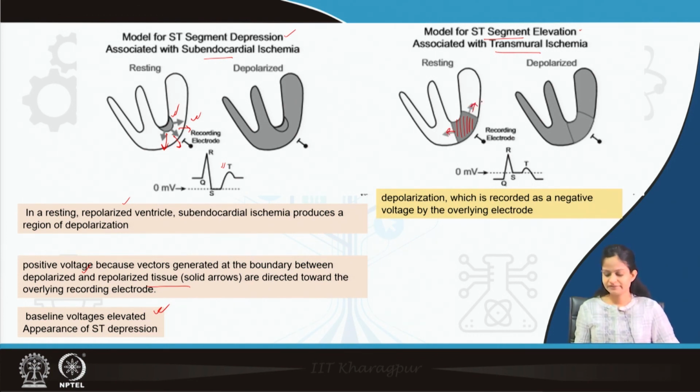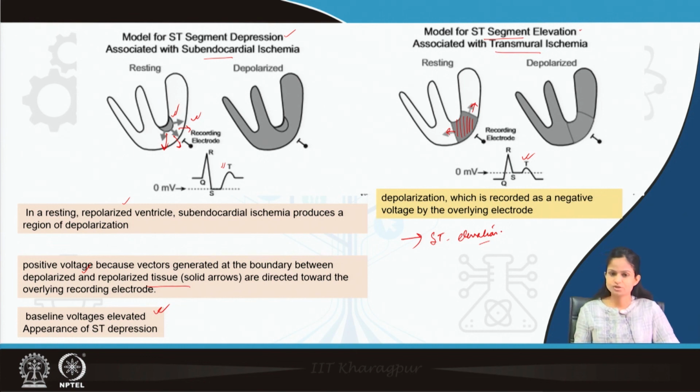When it is away from the recording electrode, it will deflect a negative voltage, and since it is reflecting a negative voltage, there will be a downward shift from the baseline. So, this negative voltage shift downwards from the baseline will give the appearance of ST segment elevation in case of transmural ischemia.